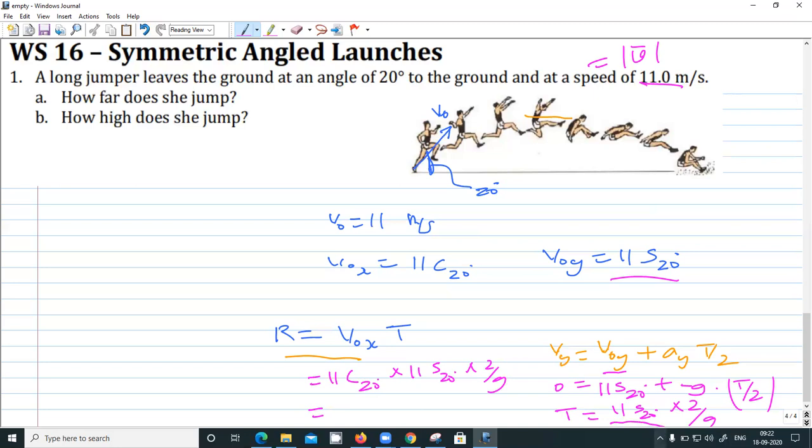Then the value of capital T. So now we can use a calculator. So you get 14.09. Check the answer.